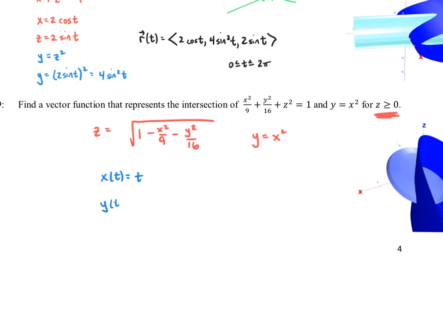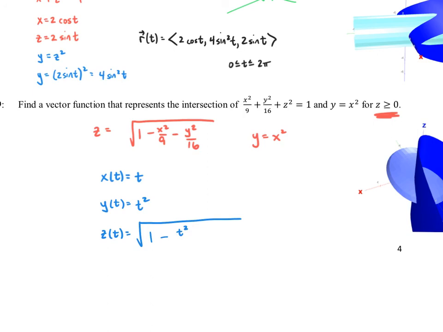If that's the case, then y of t is t squared, and that's simply because y is equal to x squared, and if x is t, which we assigned, then y is equal to t squared. Okay, if those two are true, well then z of t will be the square root of 1 minus t squared.